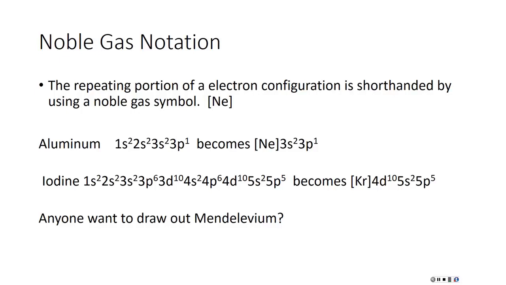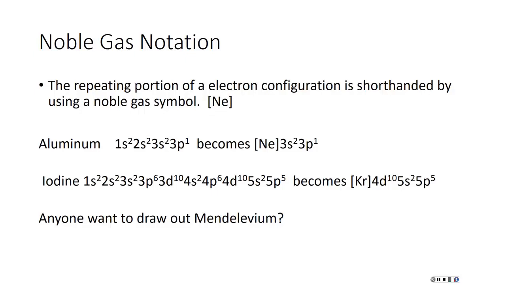So to abbreviate this and make it a little easier, what chemists can do is they write down neon in brackets. And that means that we're using the neon's arrangement here, and then you just add on what's after it as you go through it there.